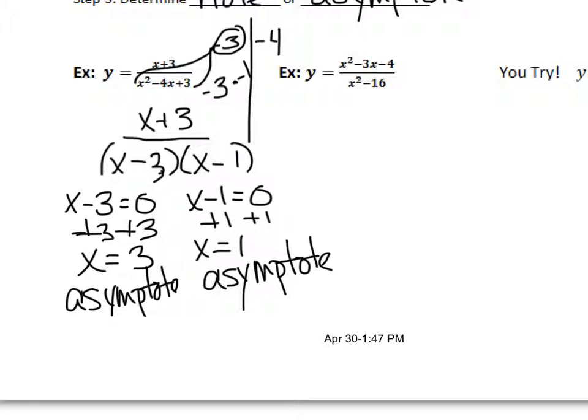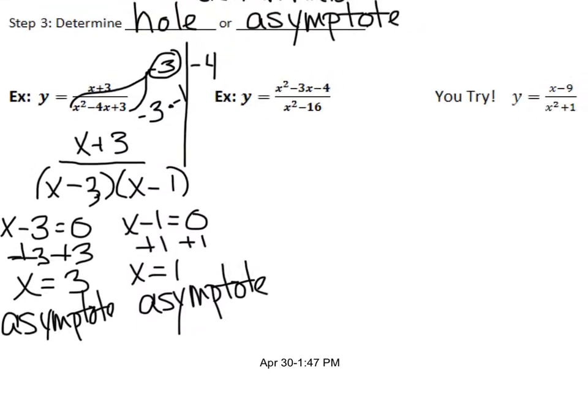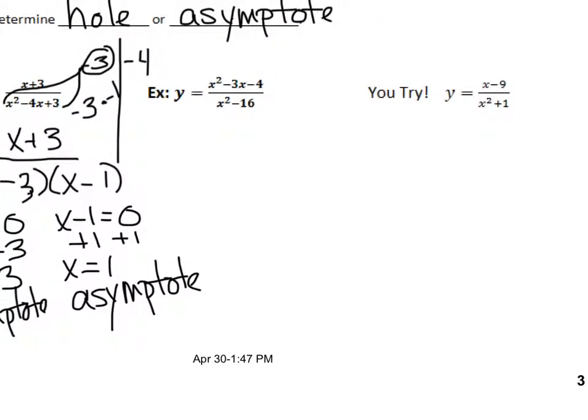So let's look at the next example we're going to do together before you try a few on your own. So our next one, if I look at the numerator, that one's going to have to be factored. So I've got 1 times -4, which is -4, and they have to add up to -3.